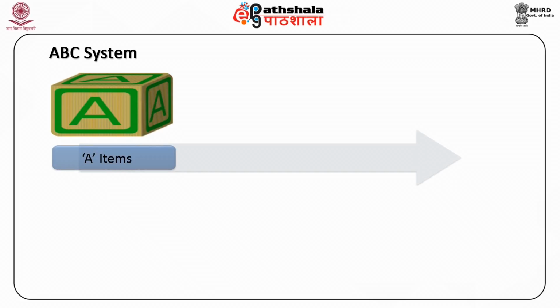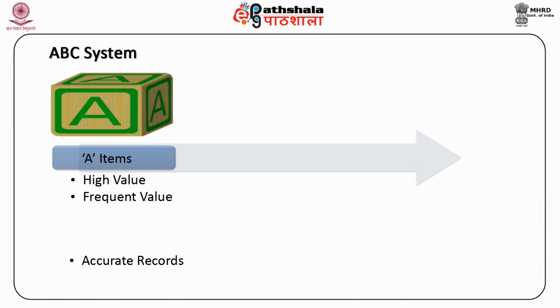A items are very important for an organization. Because of the high value of these A items, frequent value analysis is required. In addition to that, an organization needs to choose an appropriate order pattern, for example, just in time, to avoid excess capacity. For these items, very tight control and accurate records are required.